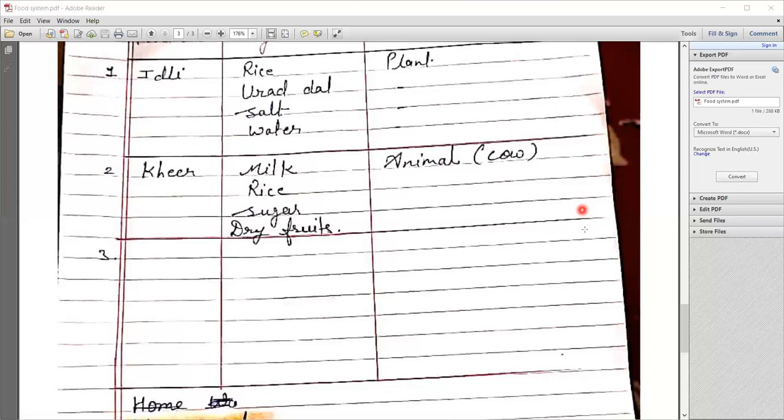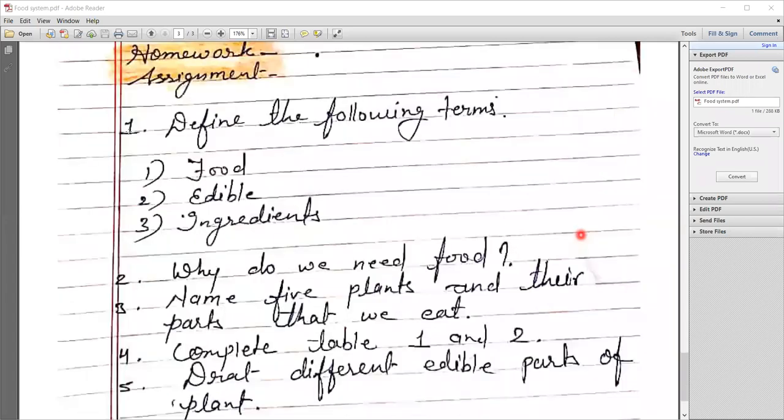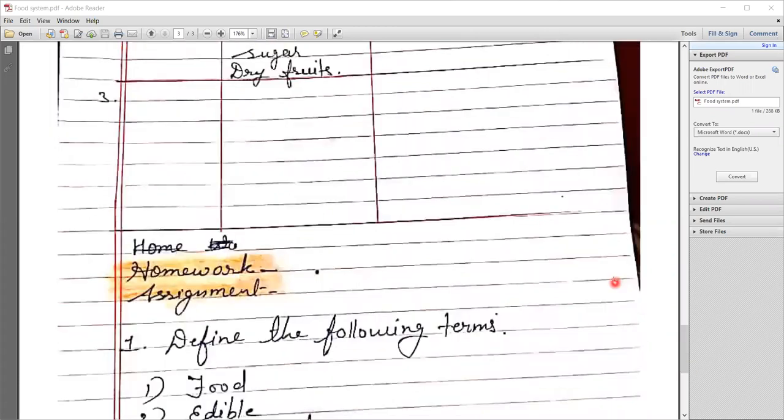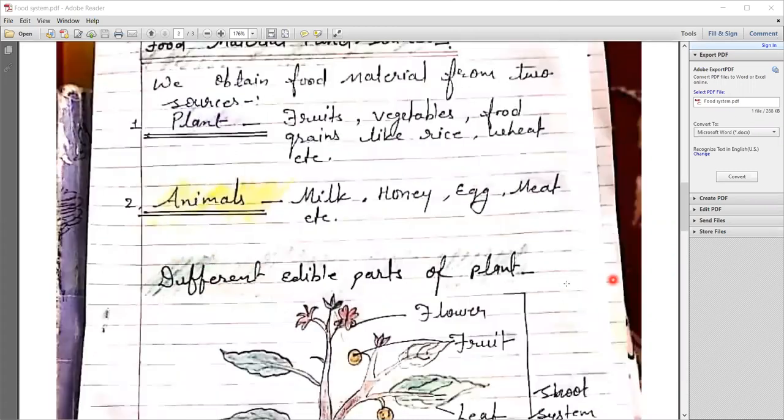So next is homework, assignment. Some questions I have written for you, children. Define the following terms: food, edible, ingredients. In my notes, I have already written the definitions of these terms, so you just copy them into your notebook.